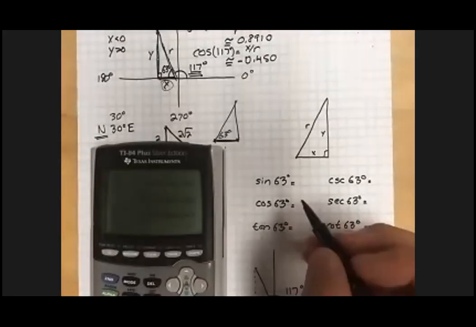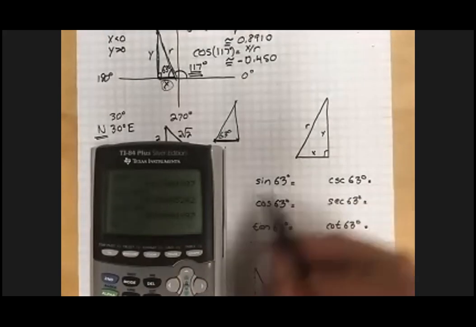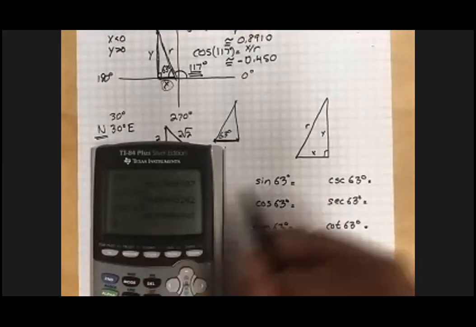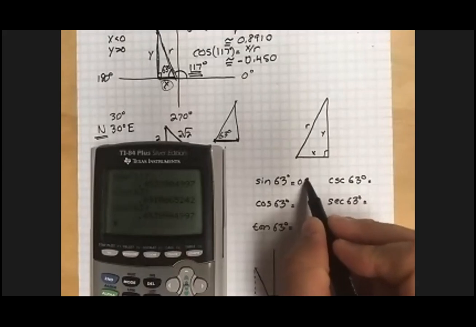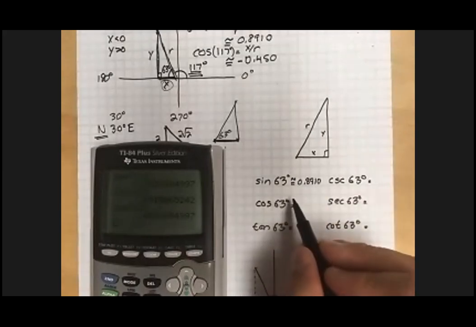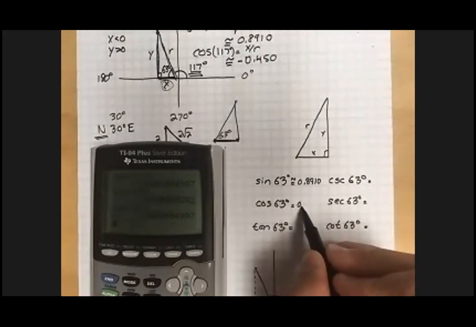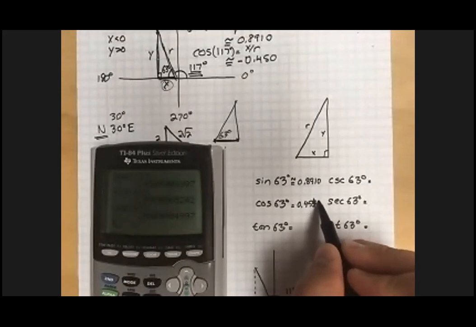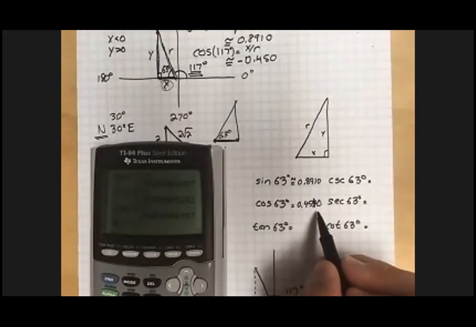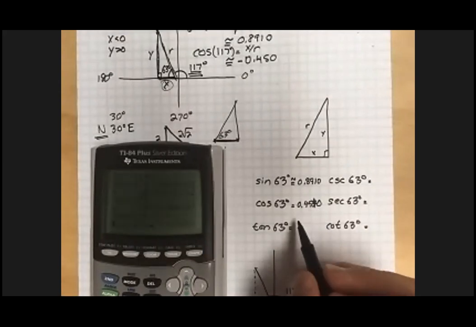Let's write them down. So I've already got sine and cosine, 0.8910, and I am approximating, I'll just take 4 digits. Cosine, 0.4539, well, 0.4540 if I round off. Positive. Tangent, 63, 1.9626.